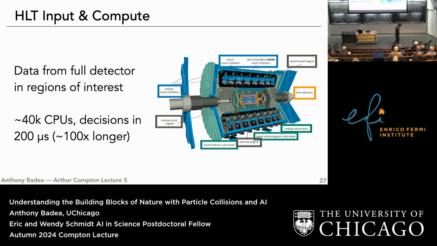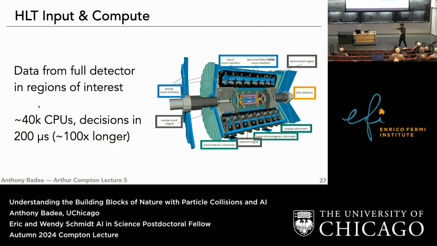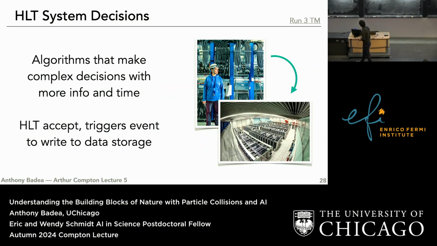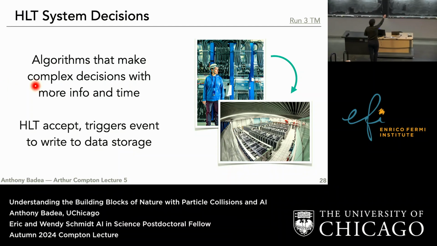And we do all of those calculations off of detector, so not in custom electronics. We do them in a farm that sits over here with 40,000 computers. So 40,000 computers sit in a room, data comes to them, and then we make those decisions. And then after the decisions are made, we get a second accept. And so you can see some of the crates. This is a picture that I've been showing in the past.